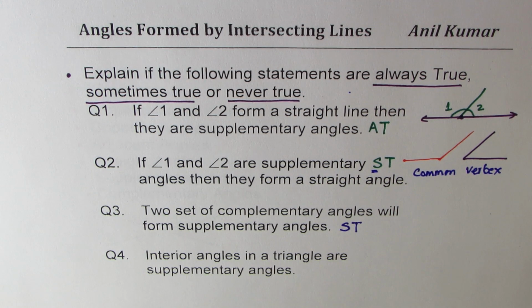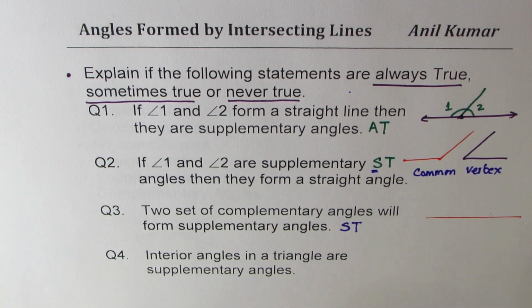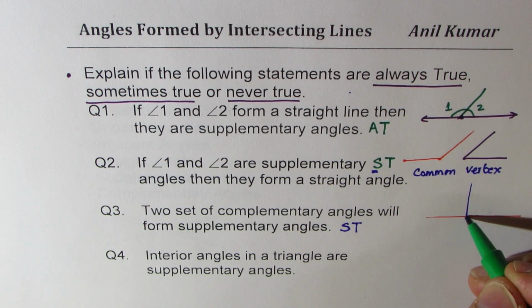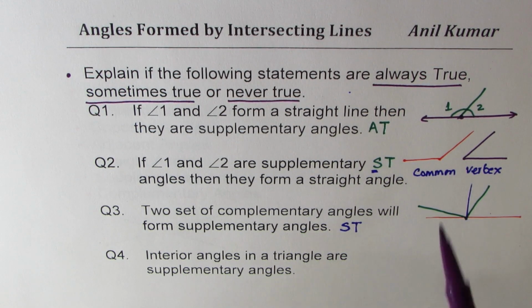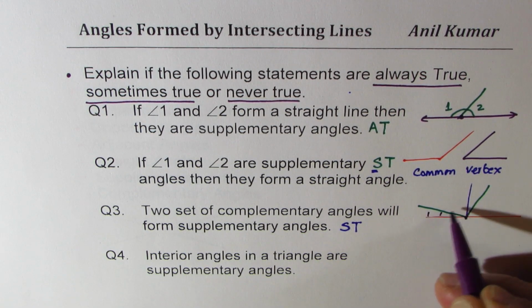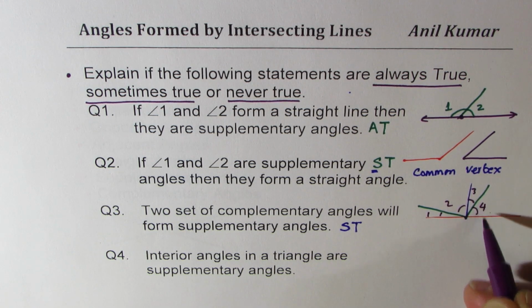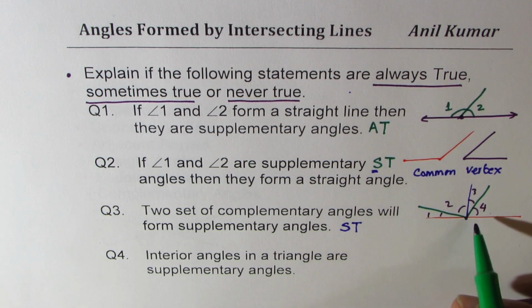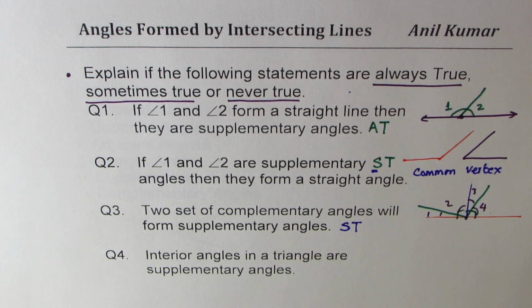Well, sometimes you could have something like this. Let us say we have this situation, correct? Now, in this situation, we have angle 1, angle 2, angle 3, and angle 4. So we do have two sets adding up to supplementary angles, correct?